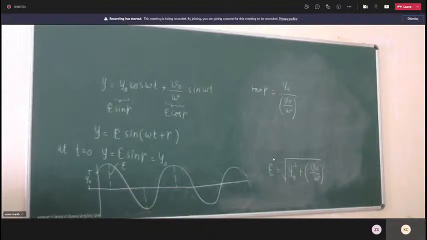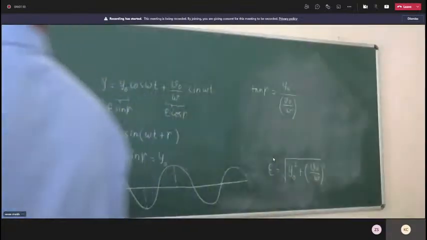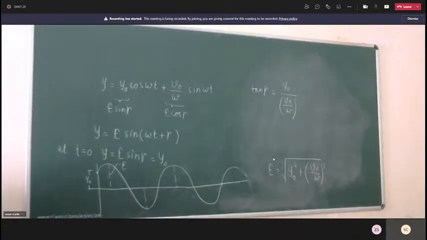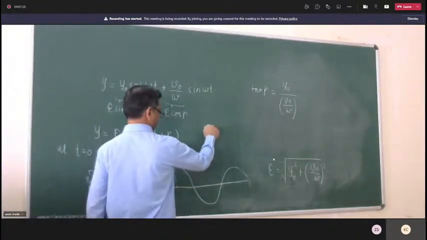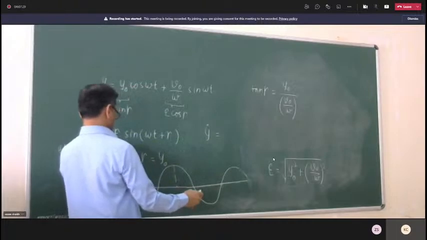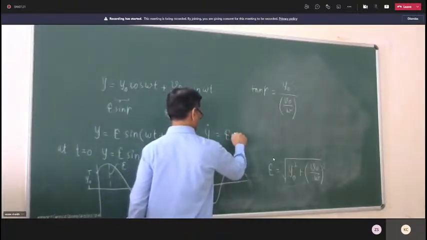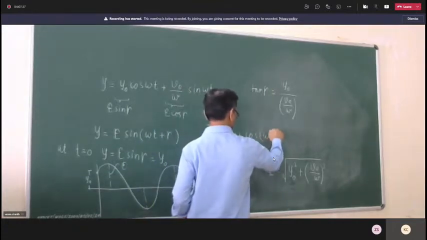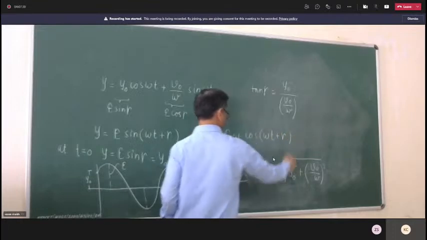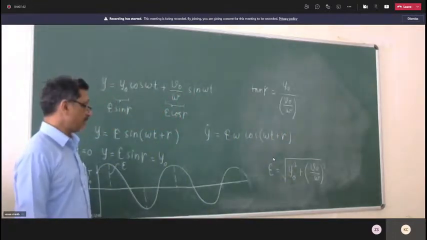What is the equation of your velocity? So use this equation. From this equation, you can derive the equation of velocity also. It will be E omega cos(omega t plus gamma). Right?